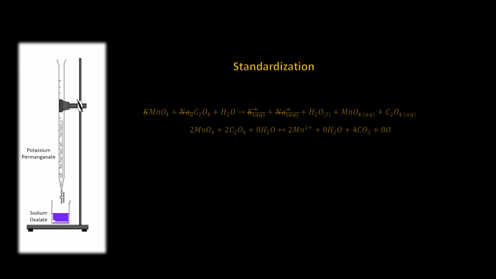The remaining manganese ion will react with some of the oxygen to form manganese oxide. The first drop of excess potassium permanganate will shift the equilibrium to the right, forming an insoluble manganese oxide compound, which in turn causes the colorless solution to turn purple at the endpoint. Stoichiometrically, the concentration of the potassium permanganate can then be determined.